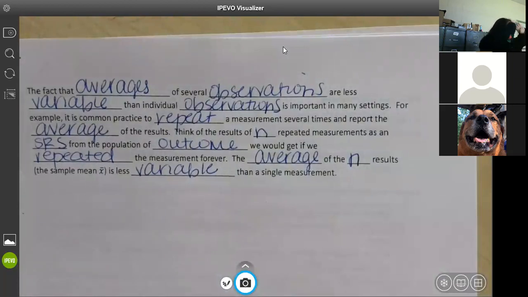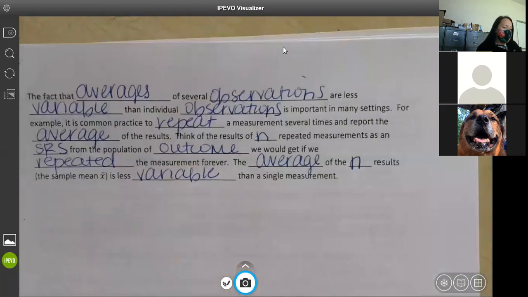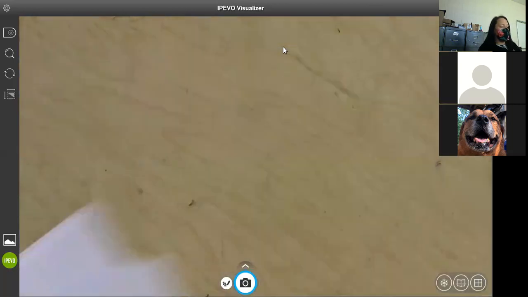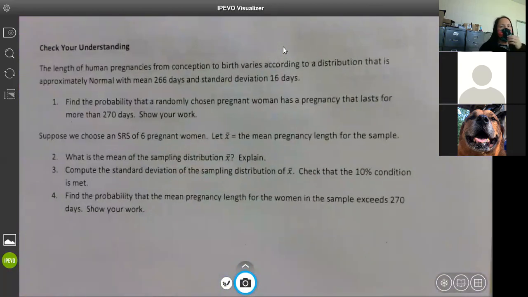Last page, and it's just examples. Okay, check your understanding. All right. The length of human pregnancies from conception to birth varies according to a distribution that is approximately normal.